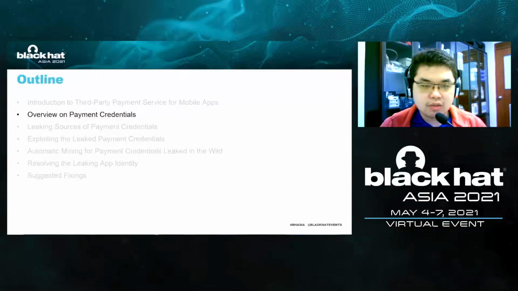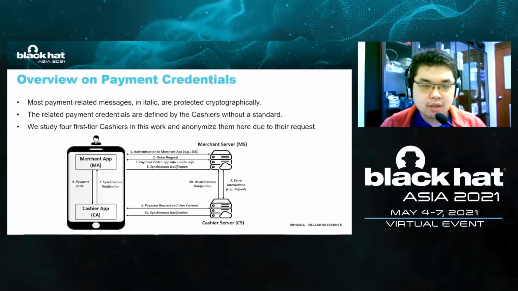Then, let's talk about the credentials used in mobile payments. In the workflow below, almost all the payment-related messages, except for step 2, are protected cryptographically. Since there is no unifying standard for mobile payment, the cashiers all define their own credentials.